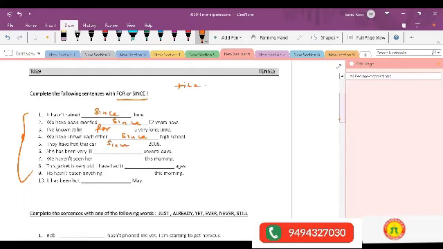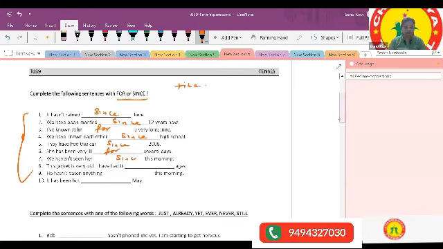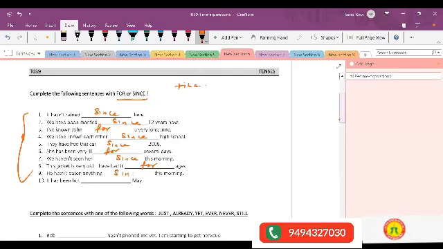She has been very ill for several days. We haven't seen her since this morning. This jacket is very old. I have had it for ages. He hasn't eaten anything since this morning. It has been hot since May. Good. Okay.